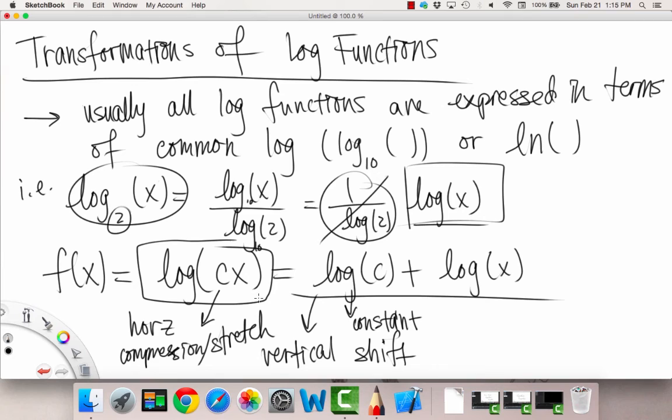So we actually see that due to the sum property of logs, doing a horizontal compression or stretching is the same thing as shifting your log graph vertically. Okay? So that's important because then that tells us we can, so to speak, kill two birds with one stone, where if we want to shift something vertically, we take care of the horizontal scaling as well.